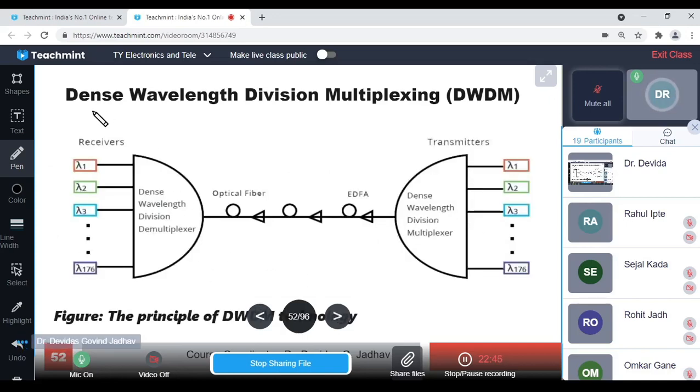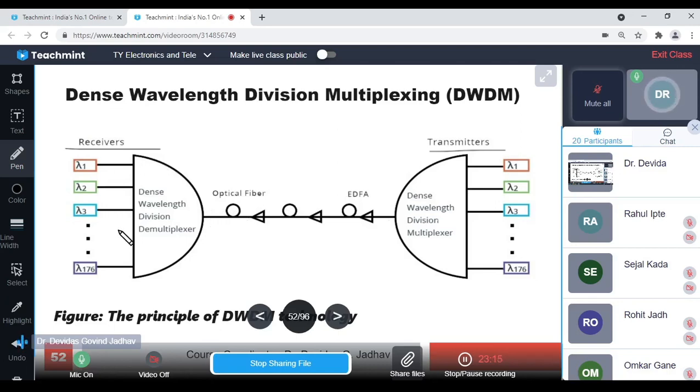Then this is one block diagram. The transmitter is here, the receiver is there, and it is transmitting lambda 1 to lambda 176 wavelengths, all clubbed together. A dense wavelength division multiplexer is there, which passes onto a single optical fiber, which has erbium doped fiber amplifiers in between at sufficiently long distances, obviously hundreds of kilometers, and then it arrives at the receiver.